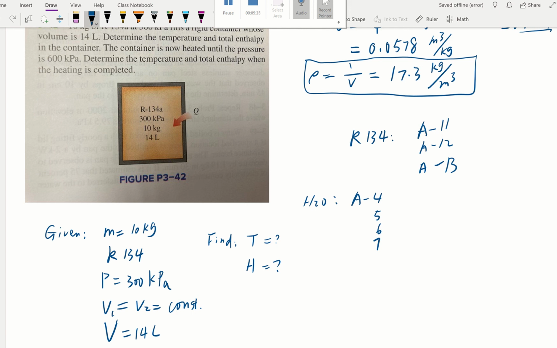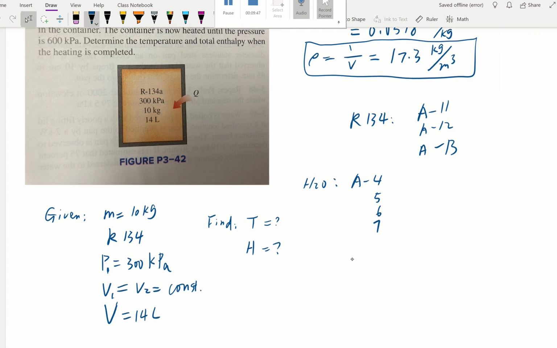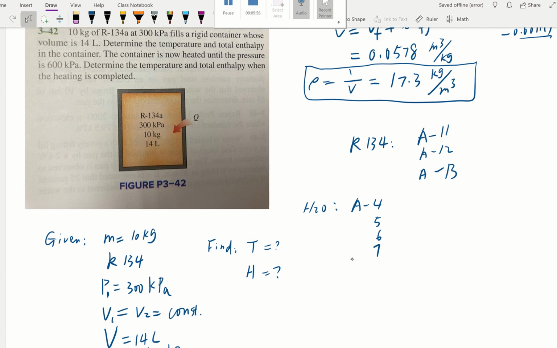In that situation, I often go back and write down this is going to be P1, that's our state 1. Now the pressure is P2, so I'm going to write below here: our P2, state 2, is 600 kilopascal now. Earlier they wanted us to find the temperature and total enthalpy in the container. That's for state 1, so T1, H1.